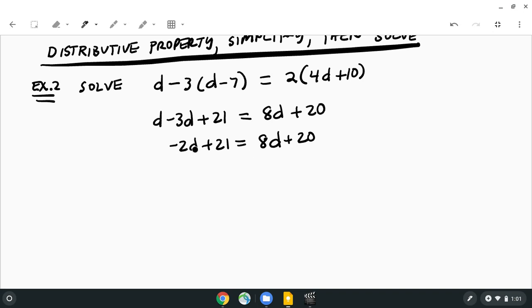We have a -2d here, and we have an 8d here. So I need to cancel one of them. So again, you have 2 choices here, and it doesn't matter which one you use, but you can add 2d here and add 2d here. Or you can subtract 8d here and subtract 8d here. Okay, I'm going to add 2d.